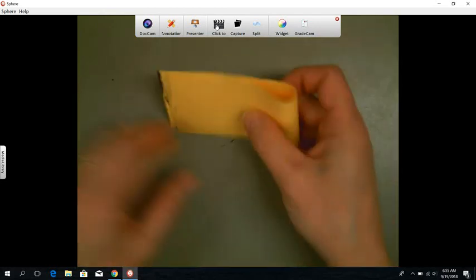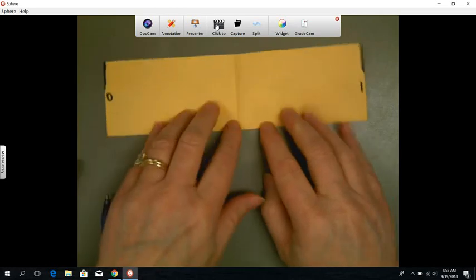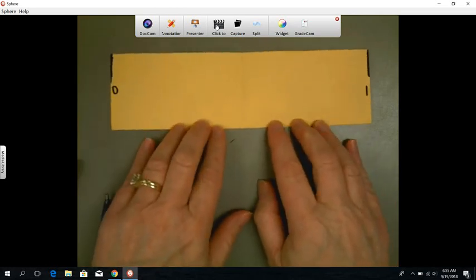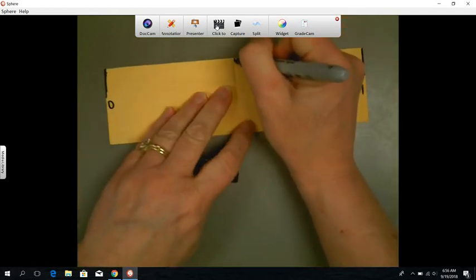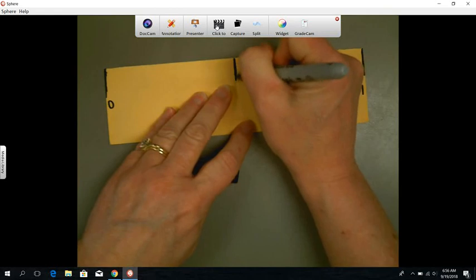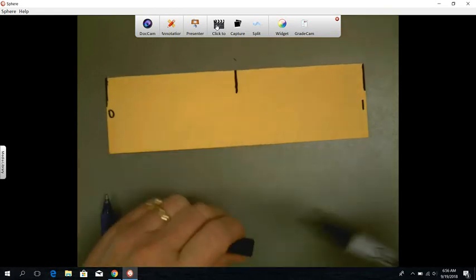The first thing I'm going to do is carefully fold it in half. When I fold it in half, I'll make that crease. How many sections do we have? Well, we have 2 sections here. And I'm actually going to draw a line where that crease is, so that we now have 2 sections.